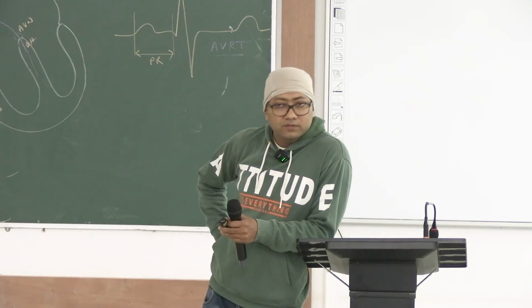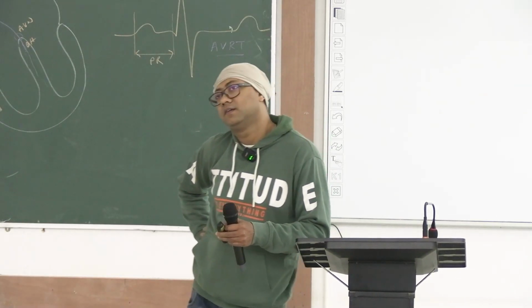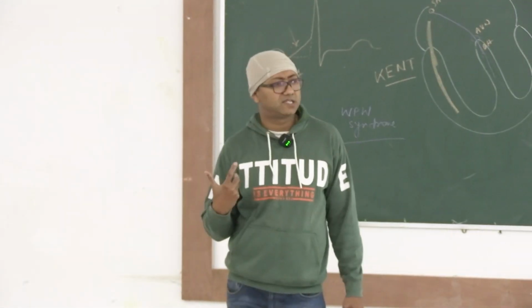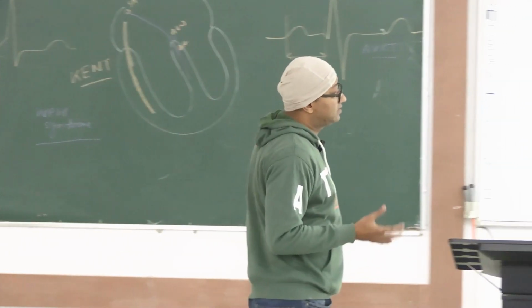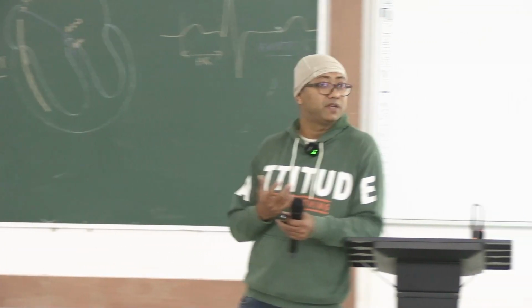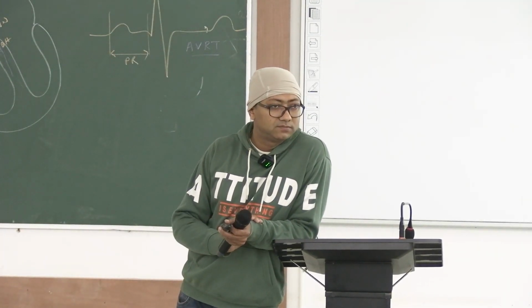Okay, now there are some things to discuss. We don't know, anybody may have a bundle of Kent, okay? Maybe we are sitting here, it is supposed we are normal, but maybe someone of us may be having the Kent fibers. How to check?